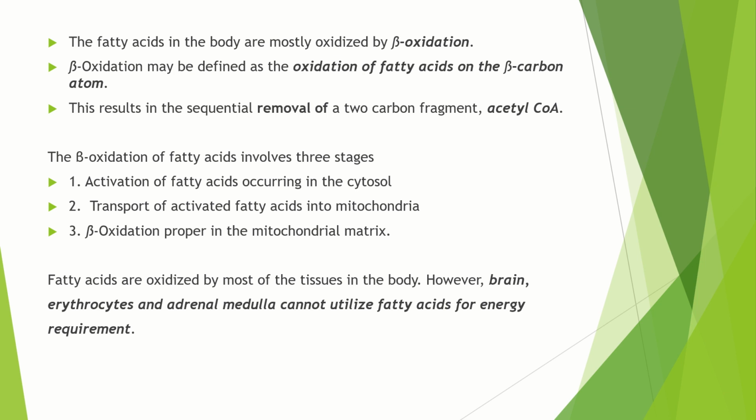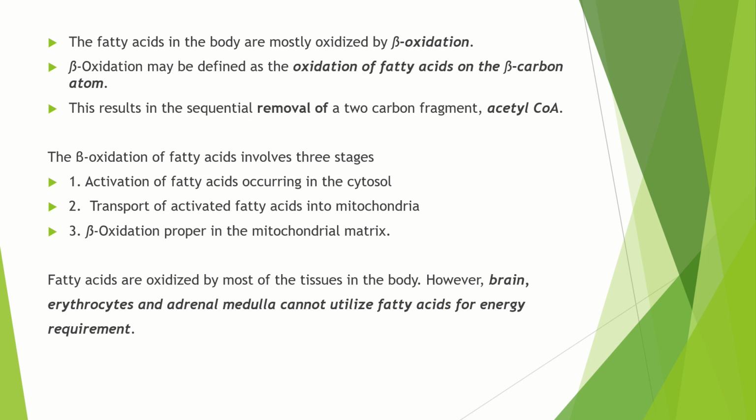Fatty acid synthesis takes place in the cytosol, but oxidation of fatty acids takes place in the mitochondrial matrix. That is, the essential enzymes which are required for fatty acid oxidation are present in the mitochondrial matrix. And there are three steps involved in fatty acid oxidation.